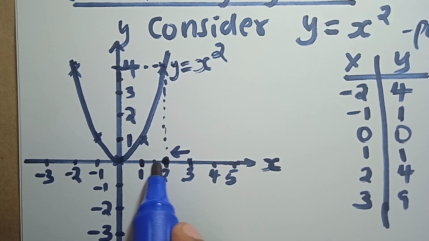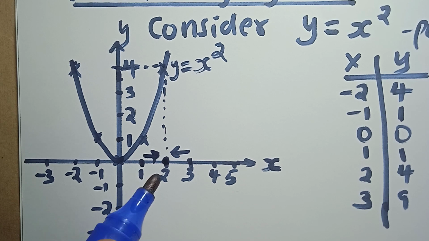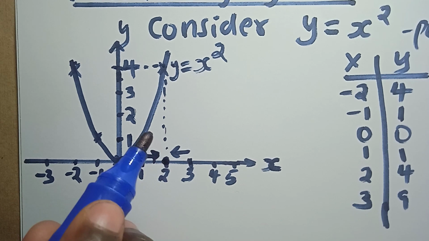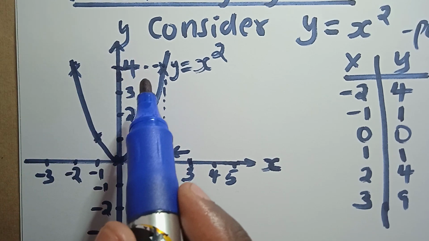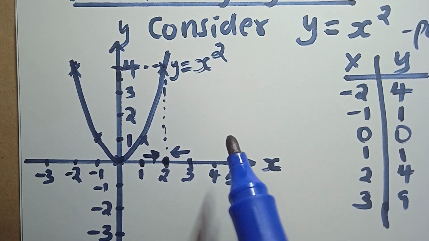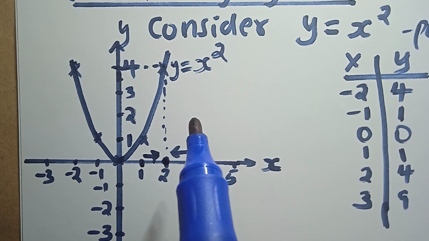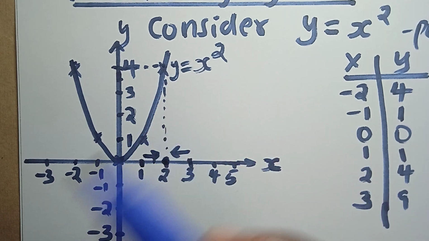Similarly, if you approach from the left hand side, that is from 1 approaching 2, as the x value is approaching 2, the value of y is approaching 4. Now this value 4, which is being approached by the value of y, is what we are calling the limit.